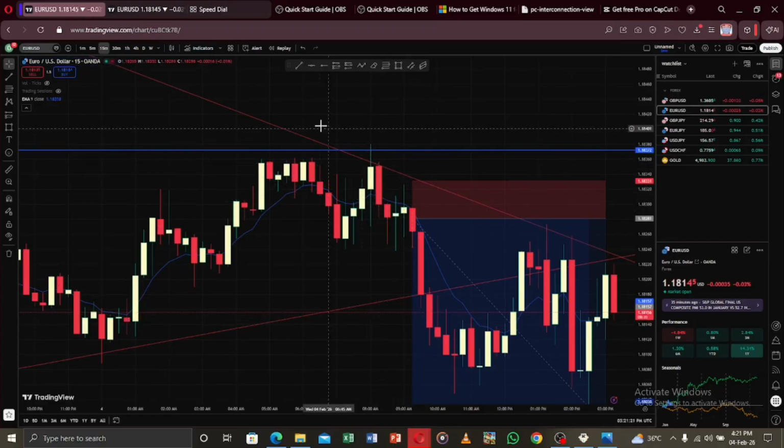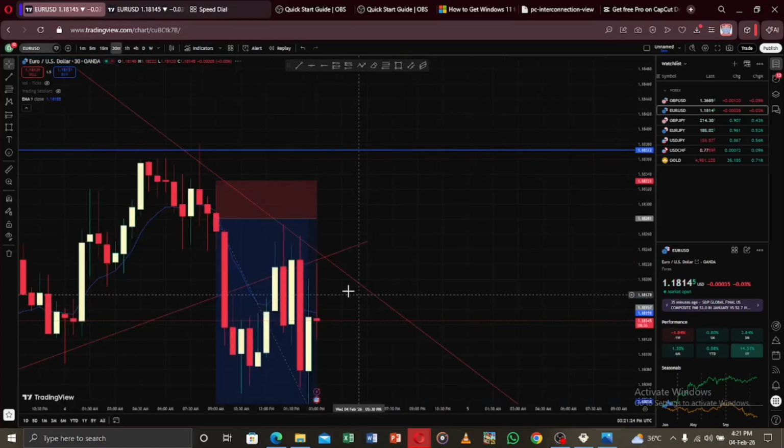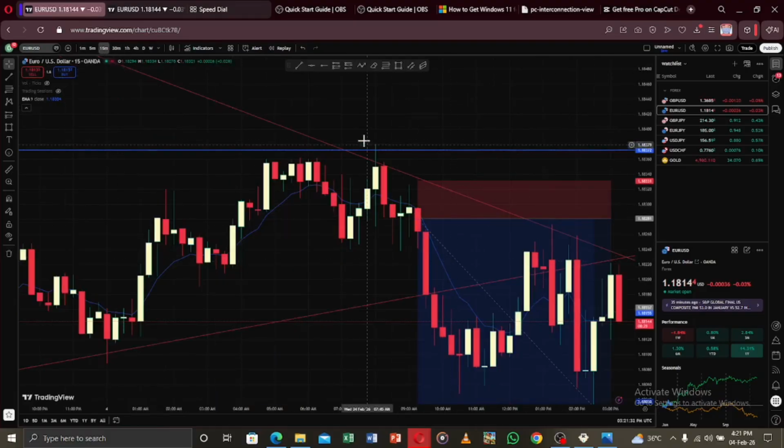Let me see. No, I didn't. I don't normally use 30 minutes, right? So this bullish move is roughly enough as a confirmation to enter. So I don't know what I saw here, or maybe it's because I had forgotten about it and let the trade pass. That's a story for another day anyways.